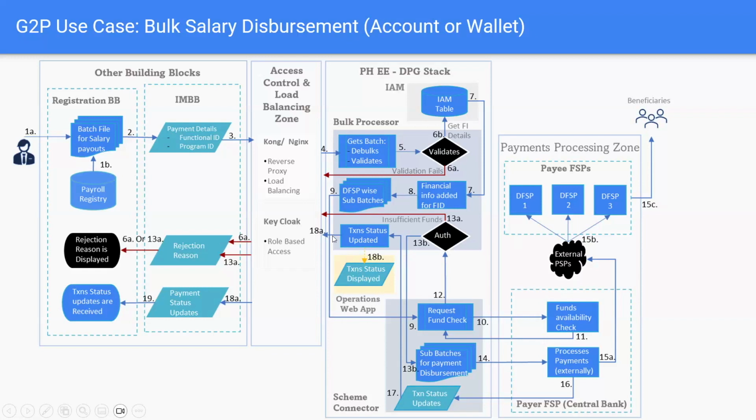Otherwise, because we are providing those APIs, the initiating building block or the source building block could access that status API, update it on its own, and show it in its own UI or as and where required. So this is how the bulk salary disbursement use case occurs. If there are any questions, we could take them later, or I could proceed.